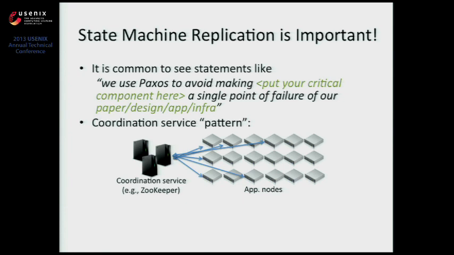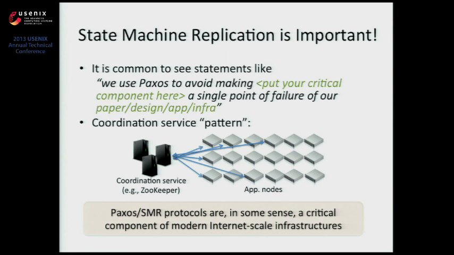In general, you have a big data center with a lot of nodes running some application, and these nodes coordinate using a small and critical service that implements coordination primitives or stores some very important state such as configuration. So in some sense, Paxos and state machine replication protocols are a critical component of modern internet-scale infrastructures.